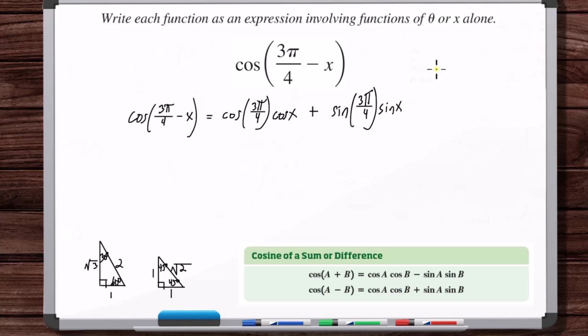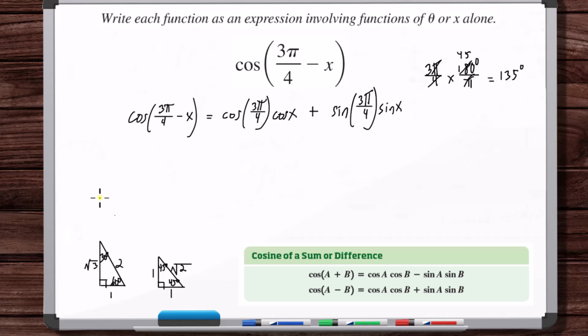Okay, now what is 3 pi over 4 in degrees? So multiply this by 180 over pi. So 180 divided by 4 is 45. 45 times 3 is 135. So 3 pi over 4 is 135.